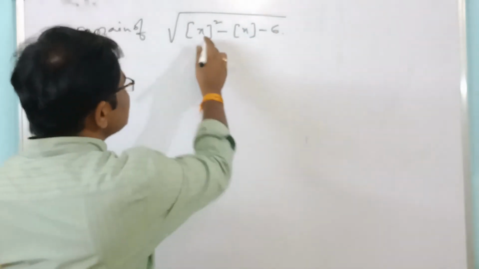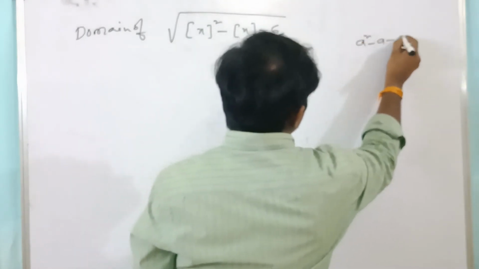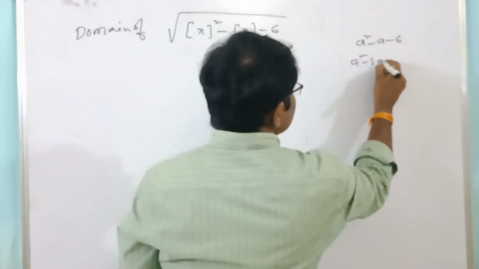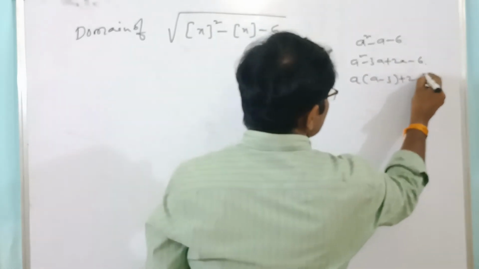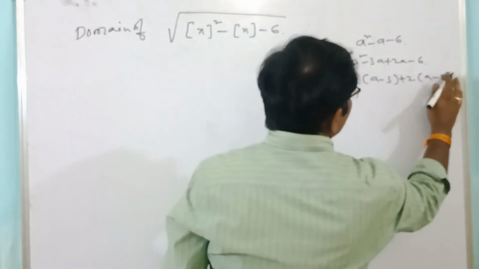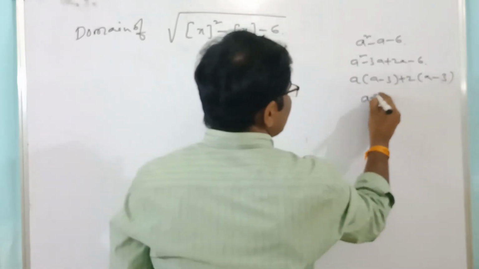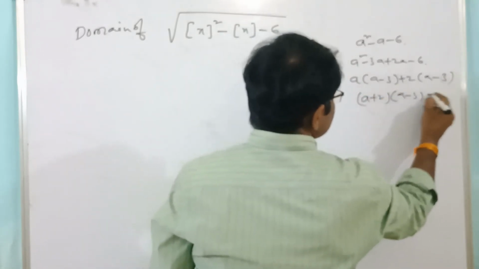Take the factors. It is in the form a^2 - a - 6, which is a^2 - 3a + 2a - 6. So a common, (a - 3) + 2 common, (a - 3). So (a + 2)(a - 3) = 0.